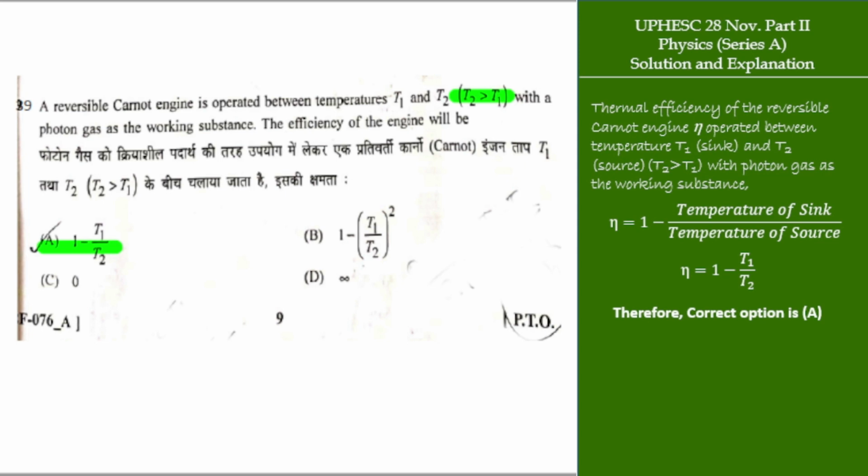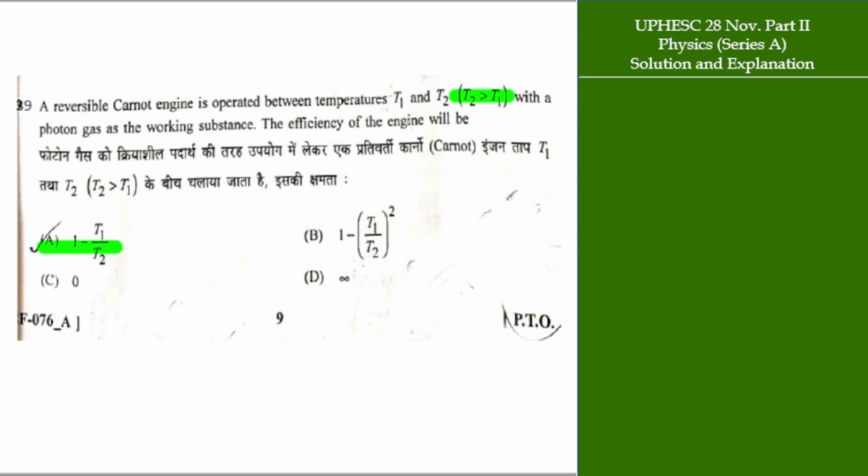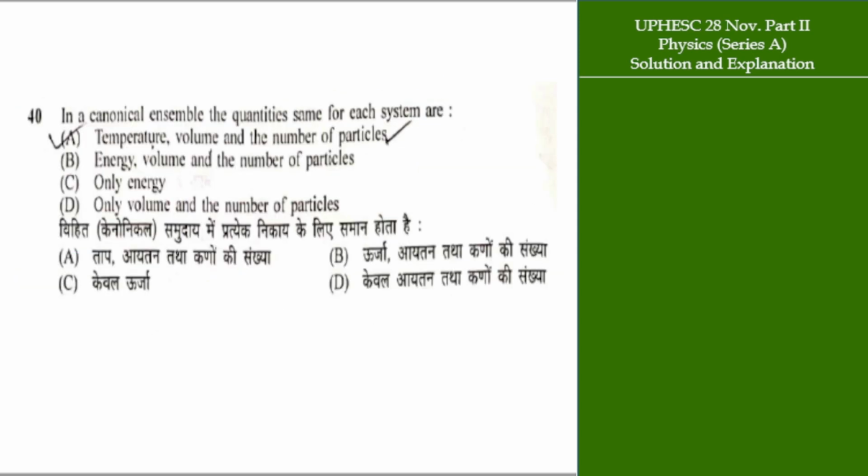Okay. In the next question, question number 40, they have asked about the canonical ensemble. What are the quantities which have the same value? There are three types of ensembles, in which, in the canonical ensemble, the system can exchange only energy, not matter.